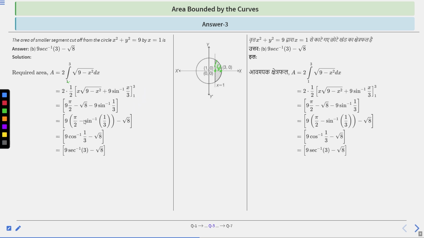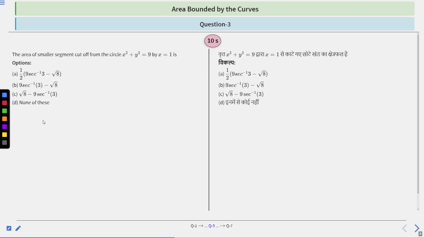After putting the limits, you will get 9 pi by 2 minus root 8 minus 9 sine inverse 1 by 3, which is 9 times (pi by 2 minus sine inverse 1 by 3) minus root 8. After solving you will get 9 cos inverse 1 by 3 minus root 8, which is 9 sec inverse 3 minus root 8. This is the right answer. Option B is the right choice. Got it?